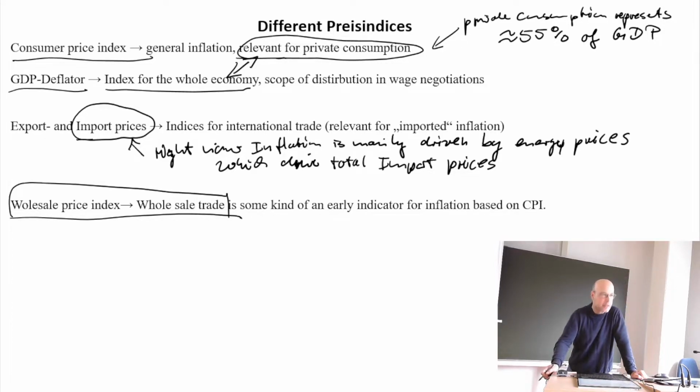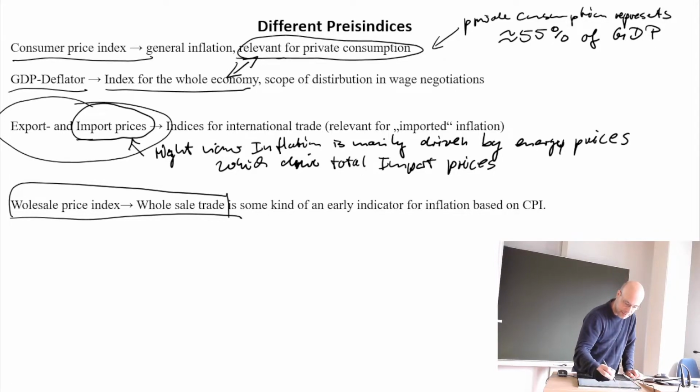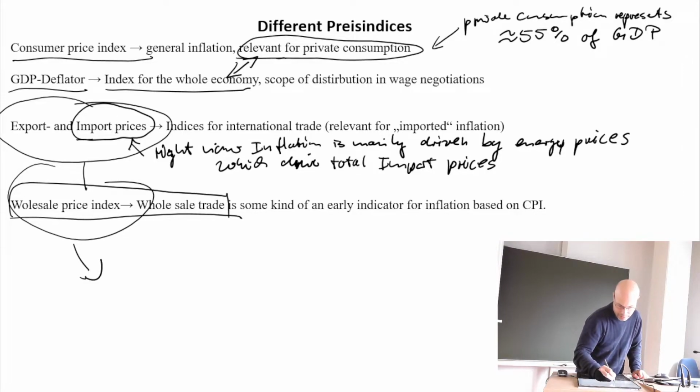So this can also be seen as some indicator which then drives in the end the consumer price index, because these wholesale prices the companies have to pay, and based on these wholesale trade prices they make also their calculation what costs afterwards your liter milk or something else. So these are then other prices in general.